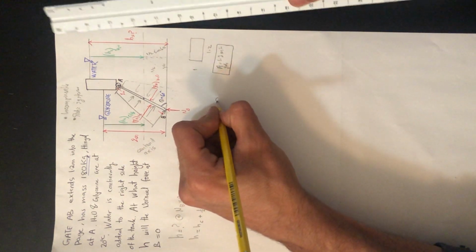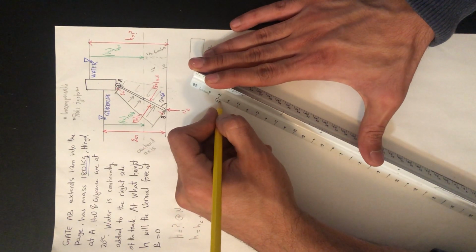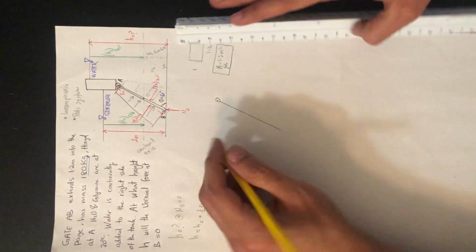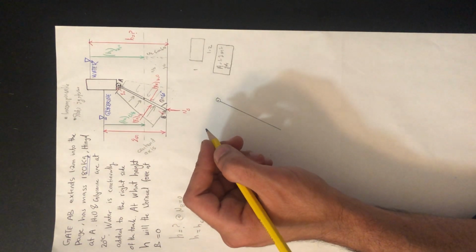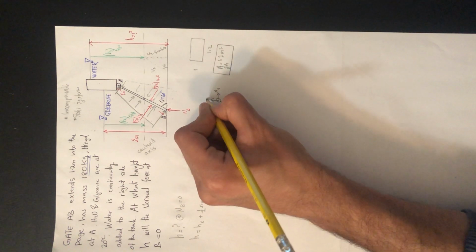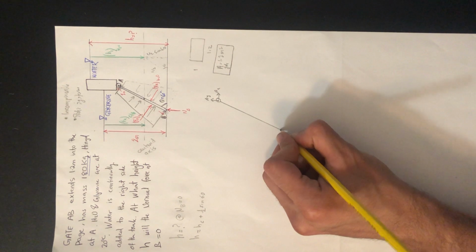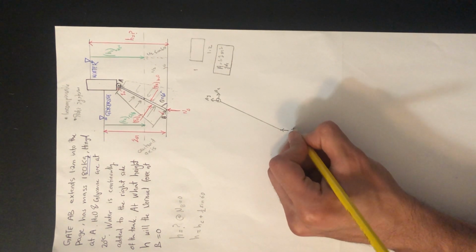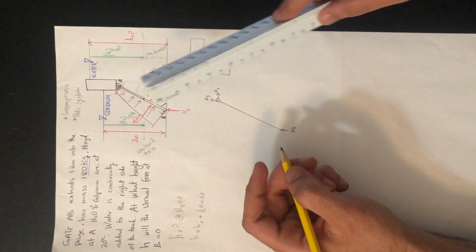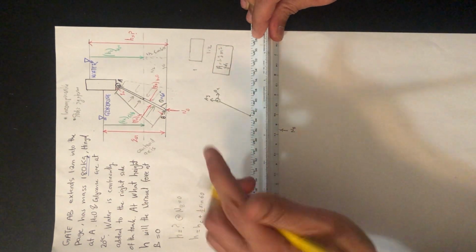We will start by drawing our free body diagram. We know our reaction forces at the hinge. We know we have a normal force. Our centroid axis is the same axis.